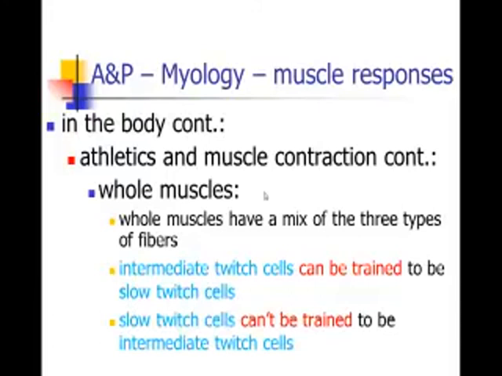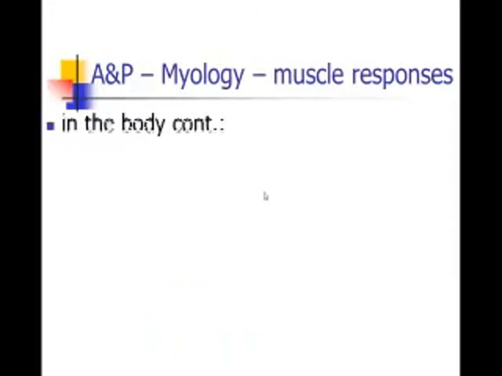But slow twitch cells can't be trained to become intermediate twitch cells. So if you're really doing marathons, let's say, those cells in your muscles that might have the capacity to go more rapidly can actually be sort of recruited into the slow twitch pool, making you better suited for the endurance activity.